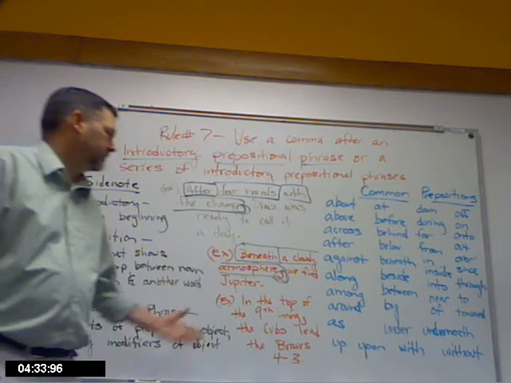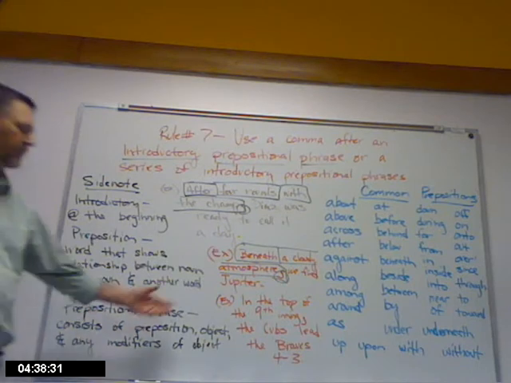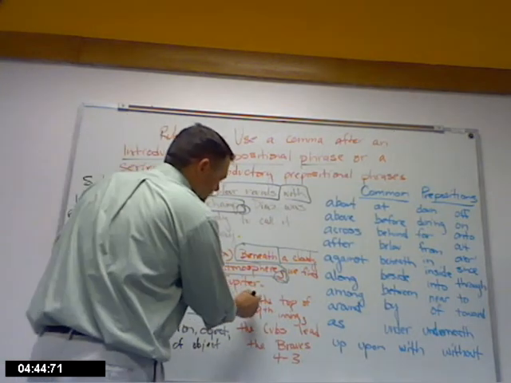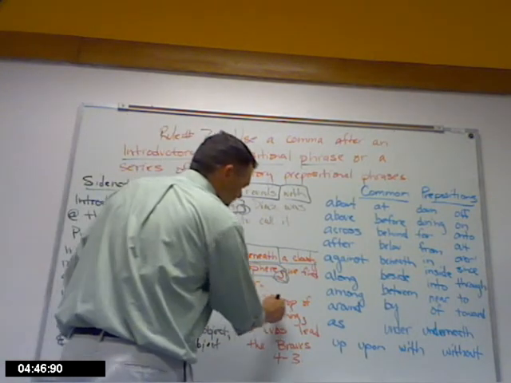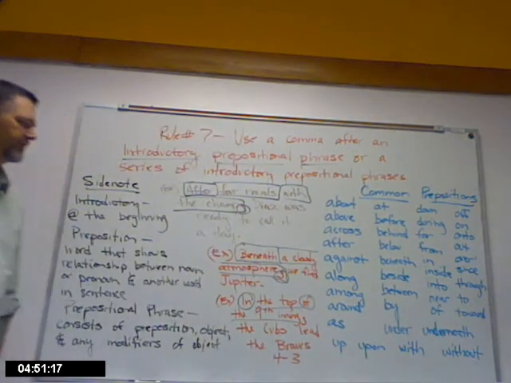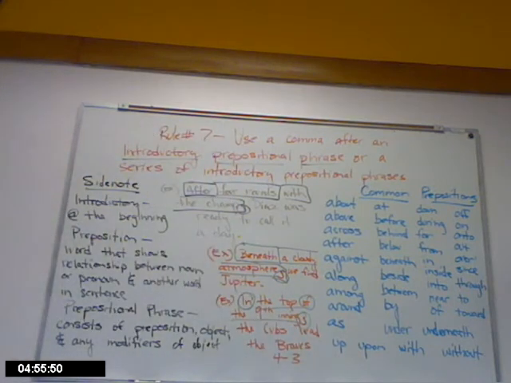It answers the question, where did we find Jupiter? Beneath the cloudy atmosphere. And then the last one: in the top of the 9th inning, the Cubs lead the Braves 4-3. In is a very common preposition. In the top of the 9th inning. We also know that of can be a preposition. This whole phrase is set off by a comma. The Cubs lead the Braves 4-3.